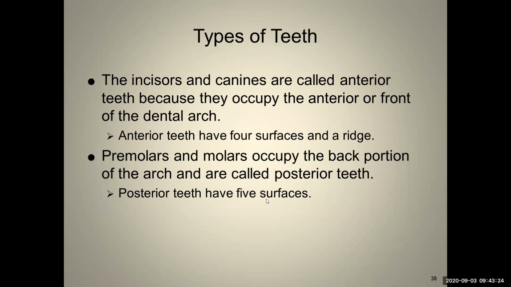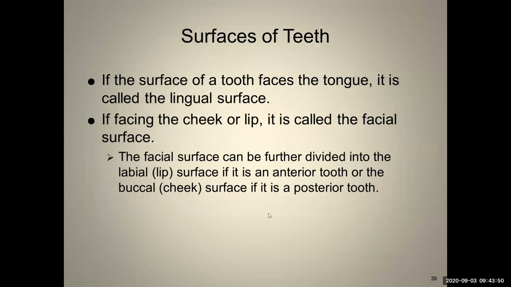Then you've got your premolars and your molars that occupy the back portion of the arch, and they're called your posterior teeth. The posterior teeth have 5 surfaces because they have an occlusal surface, a biting surface that the anterior don't have. The anterior teeth have a ridge, versus the posterior teeth have an occlusal surface.